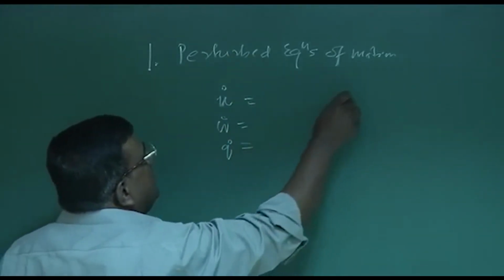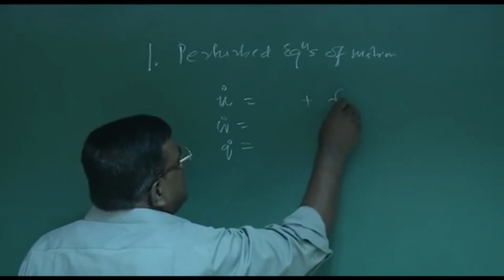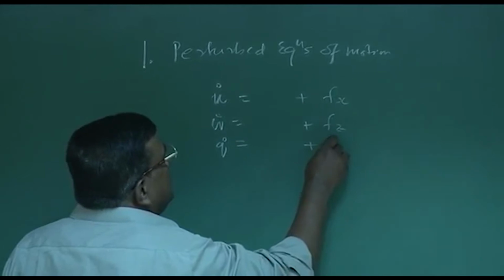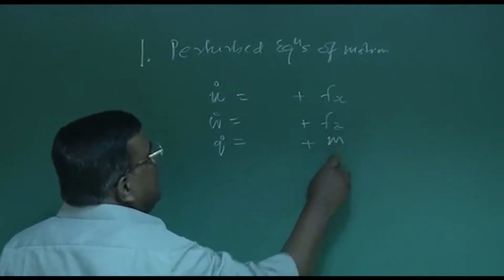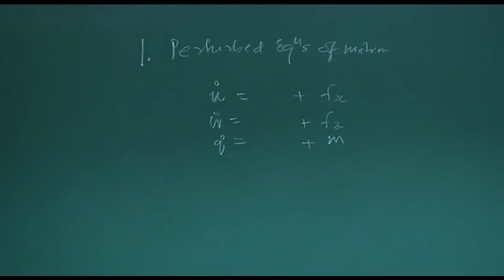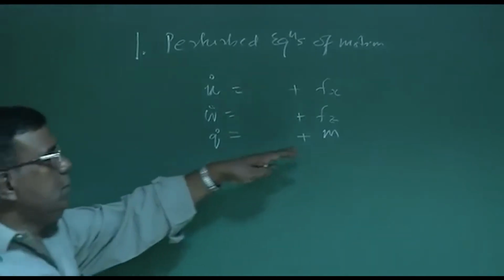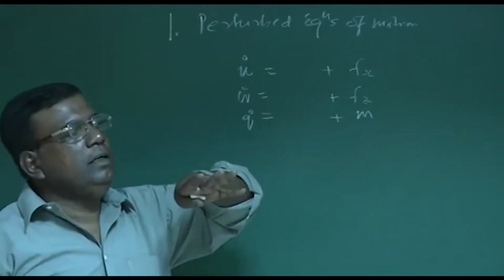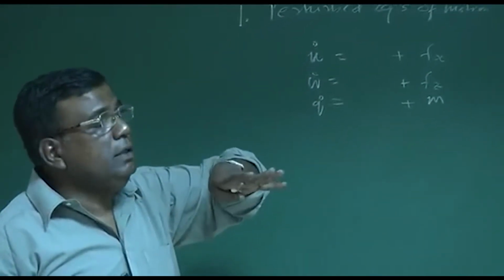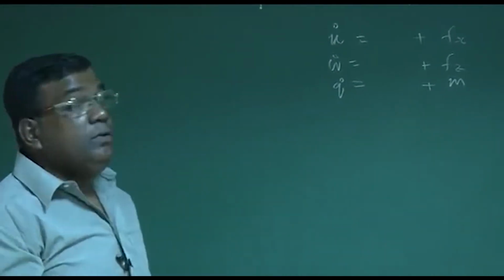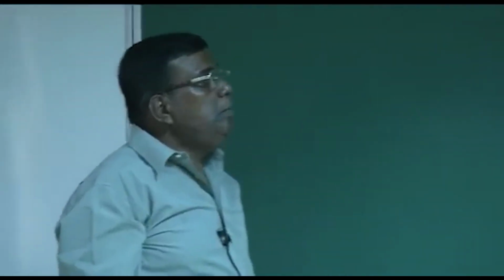This equation has Fx, the perturbed aerodynamic force, Fz, the perturbed aerodynamic force in the z direction, and the perturbed aerodynamic moment. At steady state this m will be 0 because there is no such motion at steady state, because cruise is our steady state. But the moment I give a disturbance, it will execute all this motion, so there will be a perturbed moment.